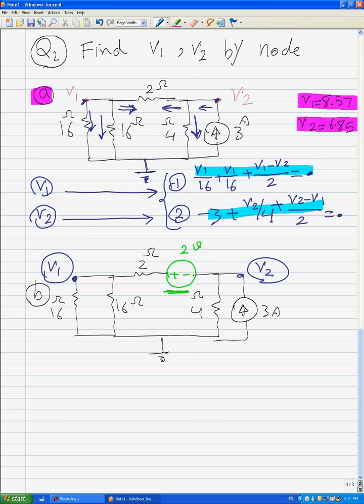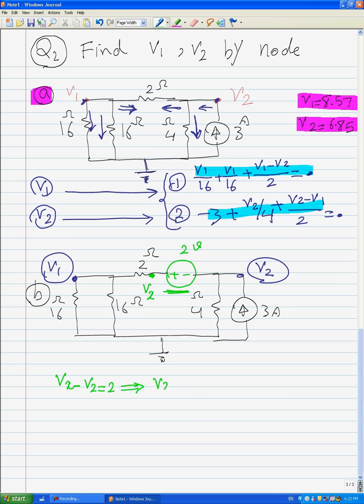In order to find the equation for the supernode, we should define Vx here. The equation for the supernode is like this: Vx minus V2 is equal to 2.